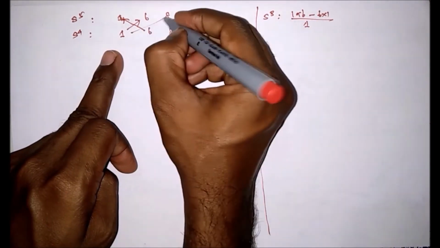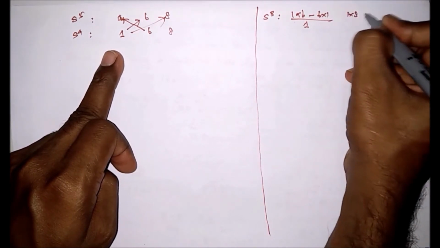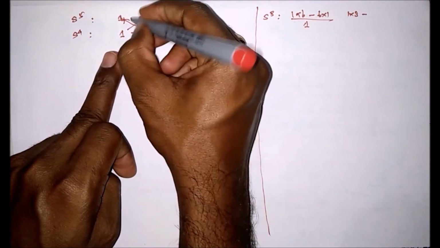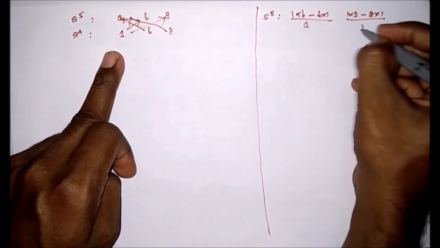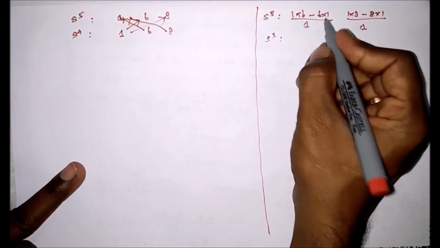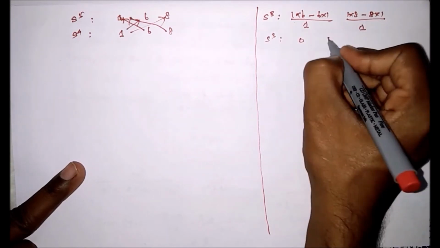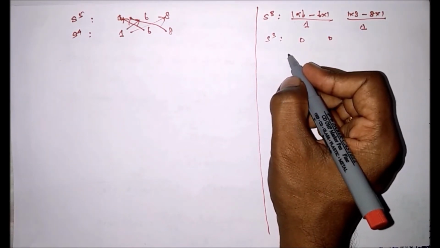Next, 1 into 8 minus 8 into 1, divided by the same 1. Therefore, 6 minus 6 is 0, and 8 minus 8 is 0. So we get 0, 0.